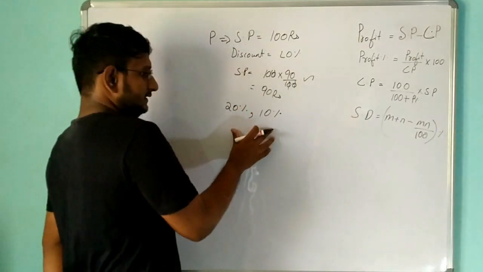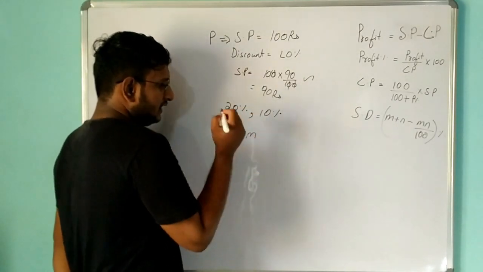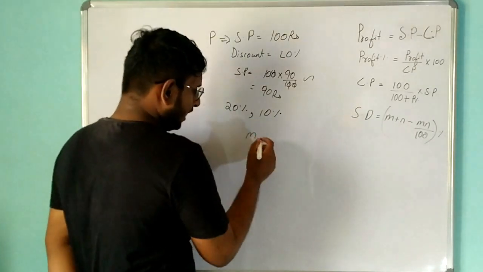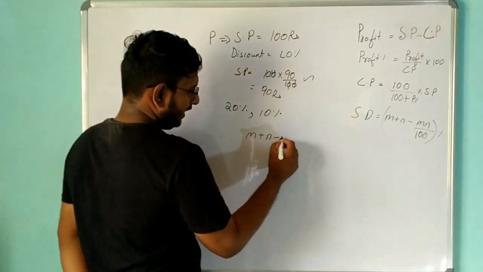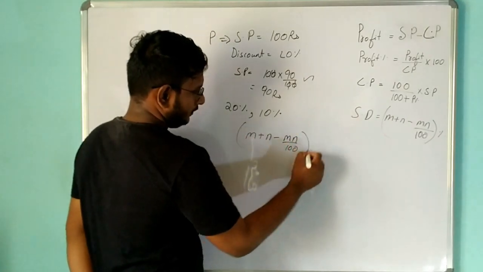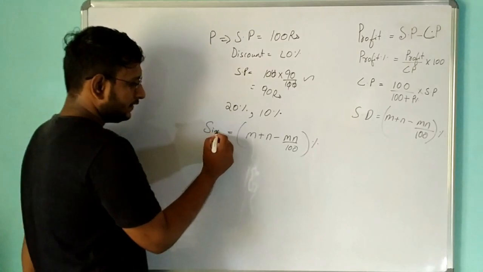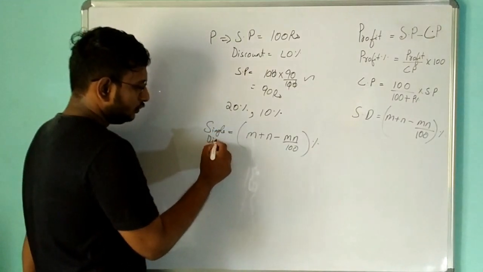In order to find this, we need to use a formula: m plus n minus mn divided by 100. So in order to find the single discount, we need to use this formula.